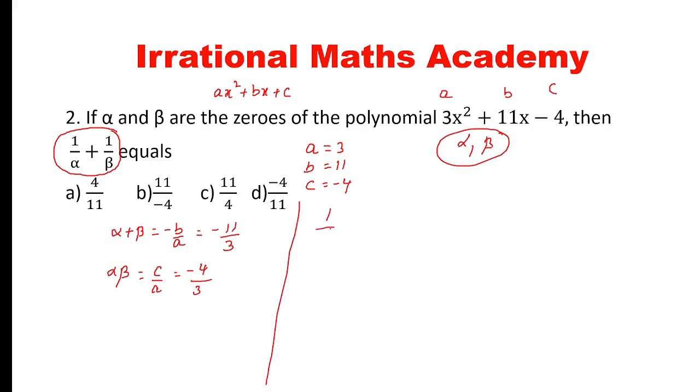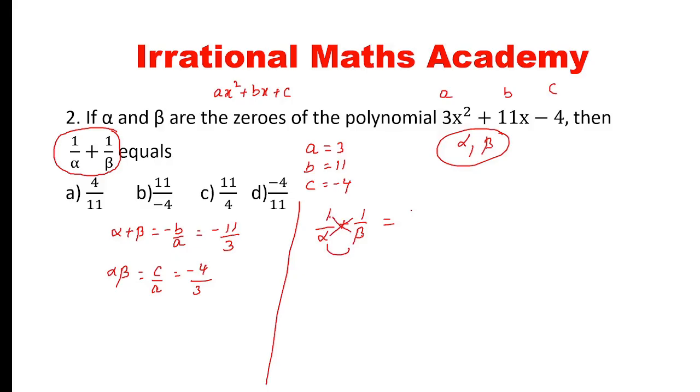1 by alpha plus 1 by beta. This can be written as 1 into beta plus 1 into alpha, over alpha into beta. What you do is multiply this to this, and this to this.